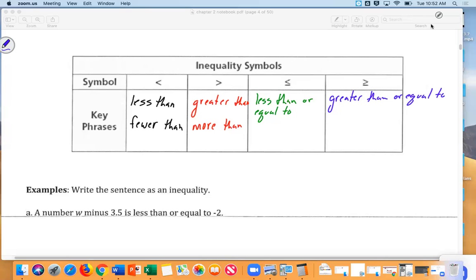And here's where the confusing parts come from. For less than or equal to, we have, well, this one's tricky, because it's talking about "is at most." You're talking about something being less than, and then you say "is at most," and that can play tricks on your brain. And then we have "is no more than."